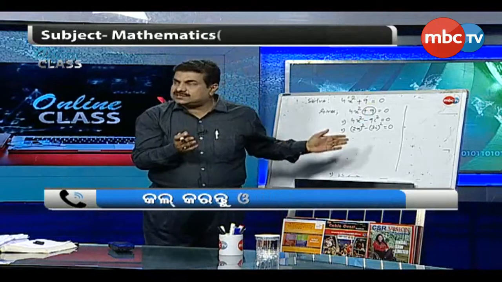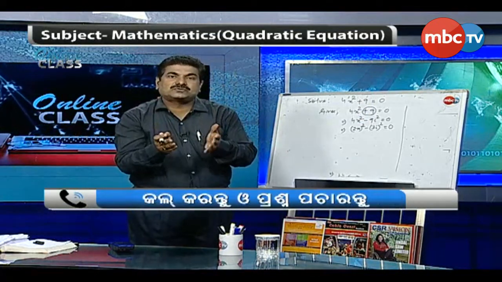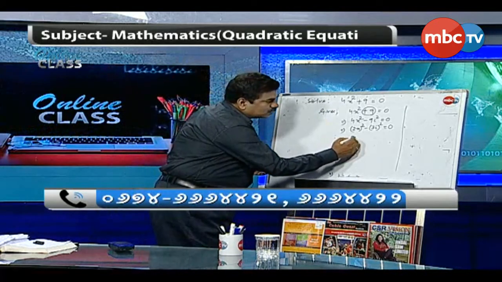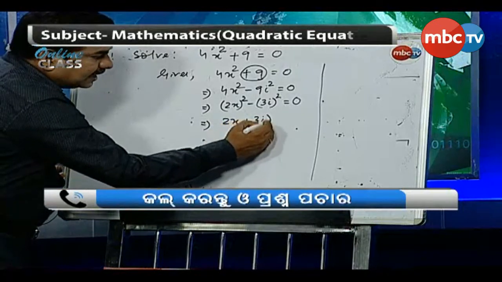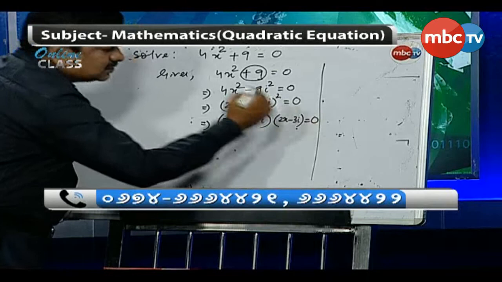Again this is of the form a square minus b square equal to 0, so you can write this as (2x plus 3i) into (2x minus 3i) equal to 0.